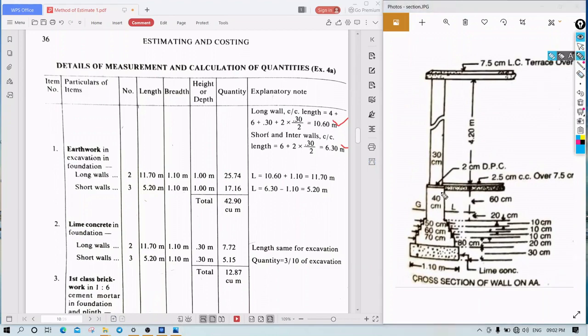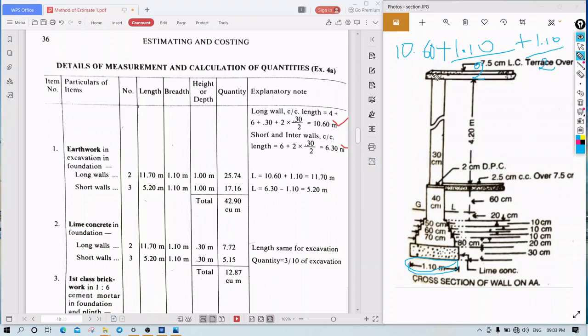What is the length? That is 10.60, the center line length, plus the width of the trench, that is 1.10. If you are following the old method, it is 1.10 by 2 plus 1.10 by 2.